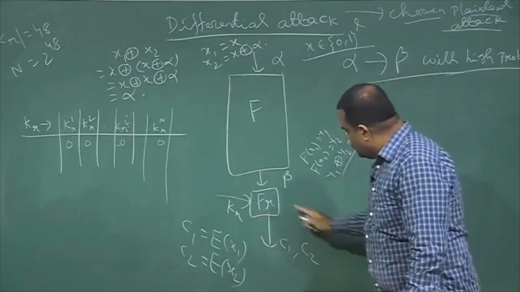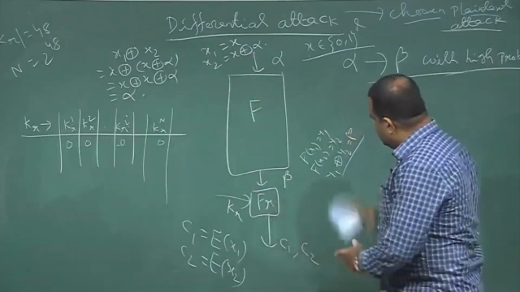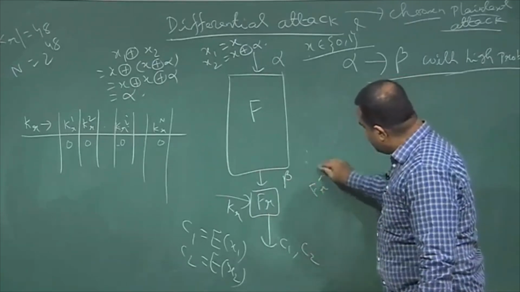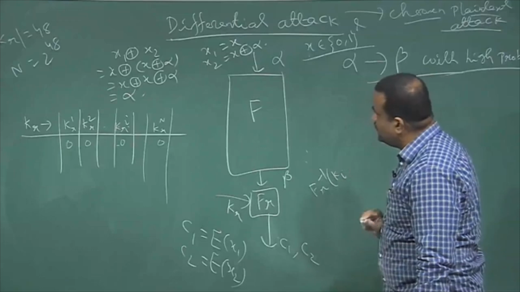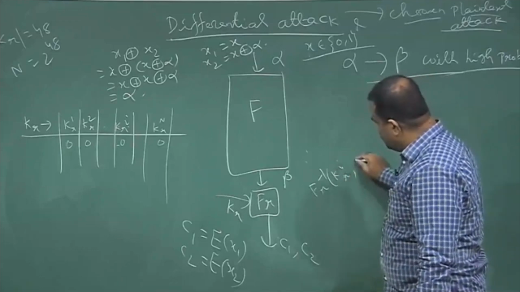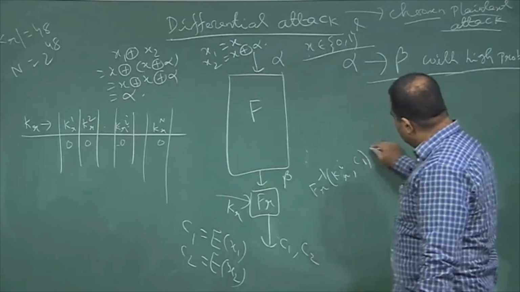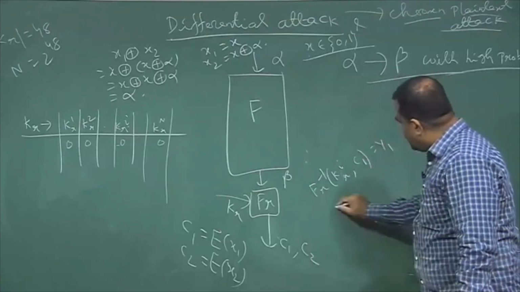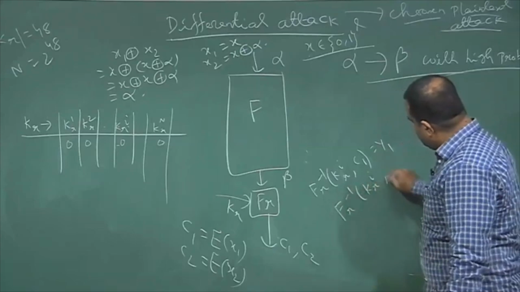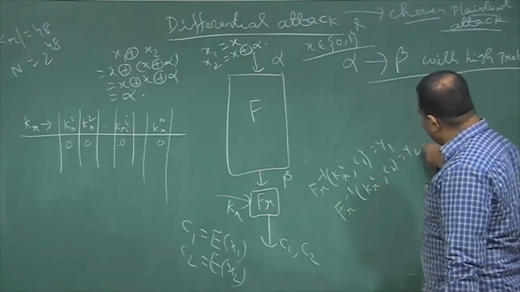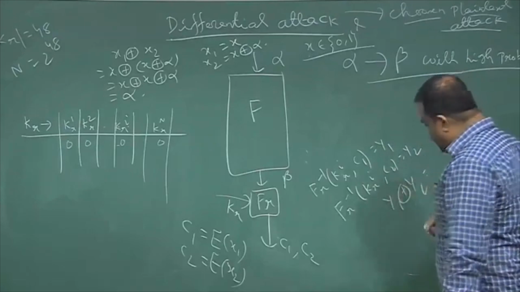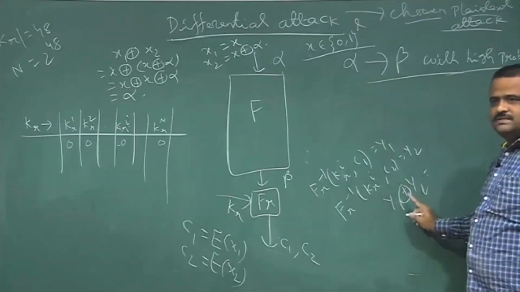With this KRi we apply F inverse with KRi on C1 and we get some Y1, and F inverse with KRi on C2 and we get some Y2. Now we look at Y1 XOR Y2 and check whether it is beta or not.